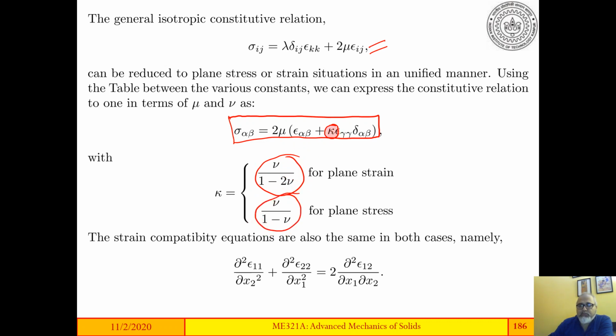So once you replace the value of kappa, plane strain and plane stress problems can be cast in the same constitutive equation, which is this. And strain compatibility is governed by only one of the 6 equations, and that is the same for plane strain and plane stress.